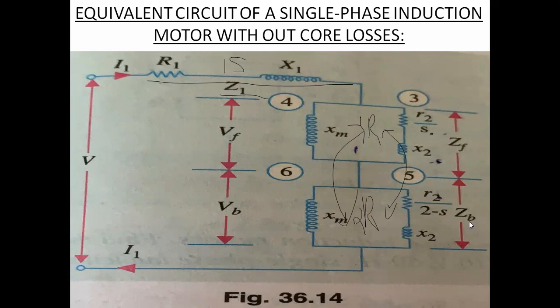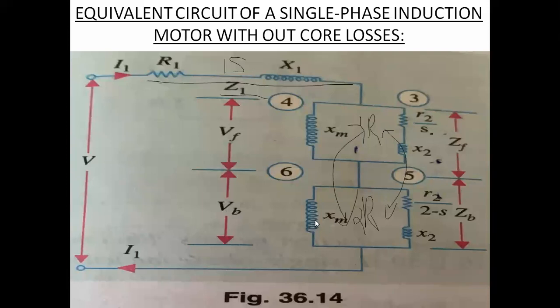As we are neglecting the core losses, nothing but the iron losses, the exciting branch consists of exciting reactance only. This is the exciting branch, consisting of only exciting reactance because we are neglecting the core losses.